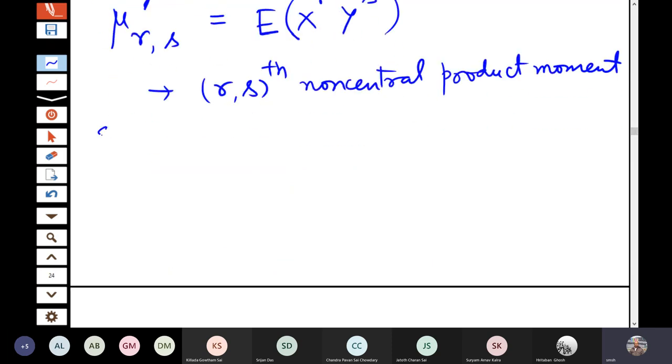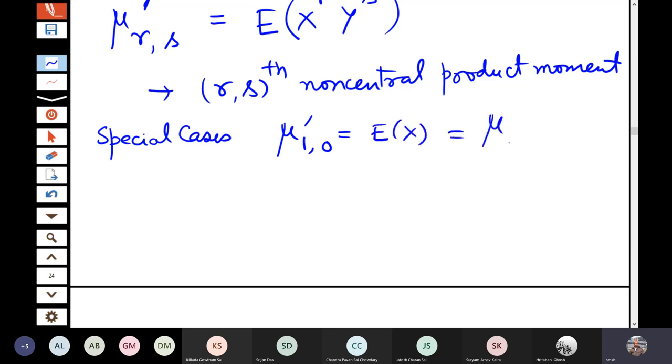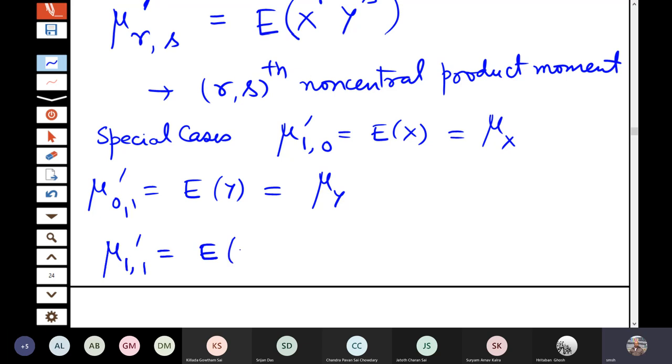That is mu 1 0 prime, the expectation of x. We generally write it as mu x also. Mu 0 1 prime is the expectation of y, and we also have mu 1 1 prime, the first product moment, expectation of xy.